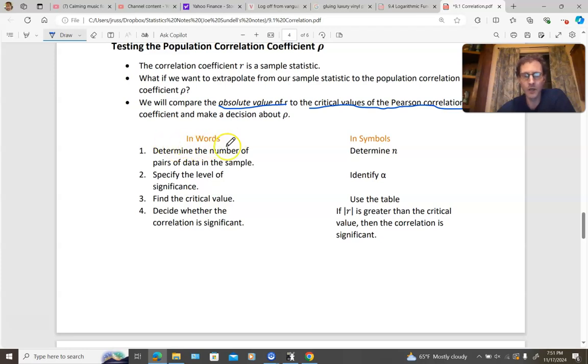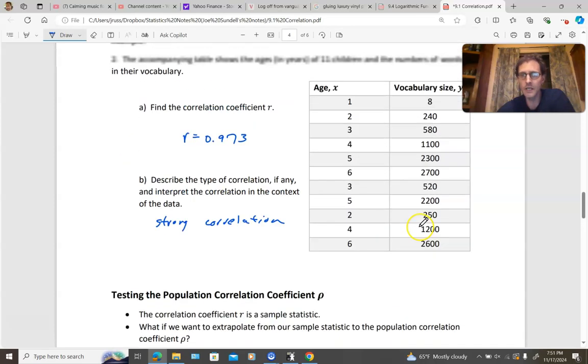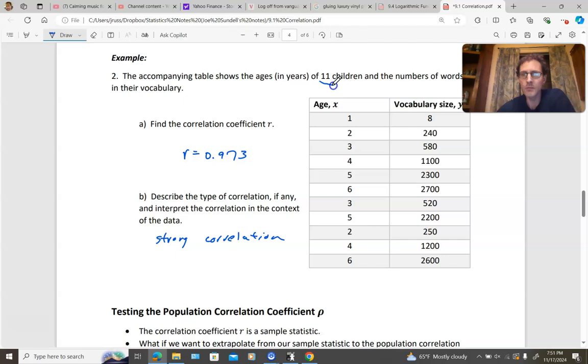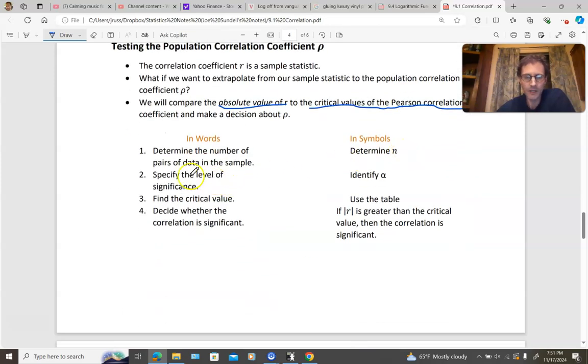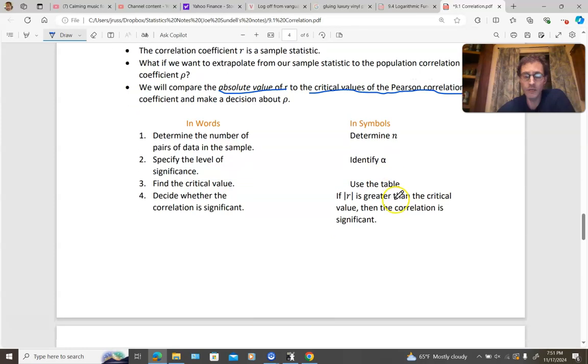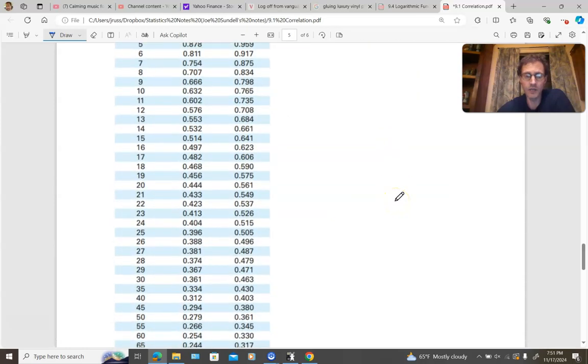So this is basically how you do it, guys. Determine the number of pairs of data in your sample, or in other words, your sample size. So in this last example, our sample size is 11. And then you're going to identify your level of significance, so alpha. So typically it's going to be 5% or 1%. You're going to find the critical value using the table, and I've got the table here in the notes, okay?